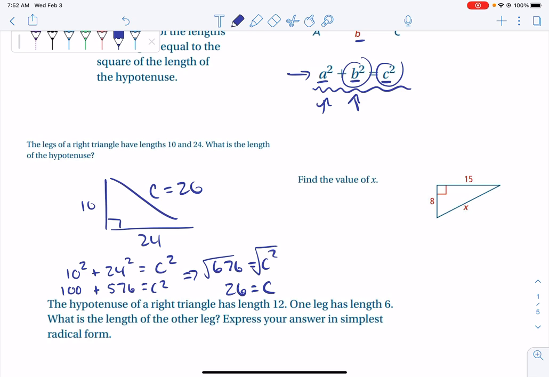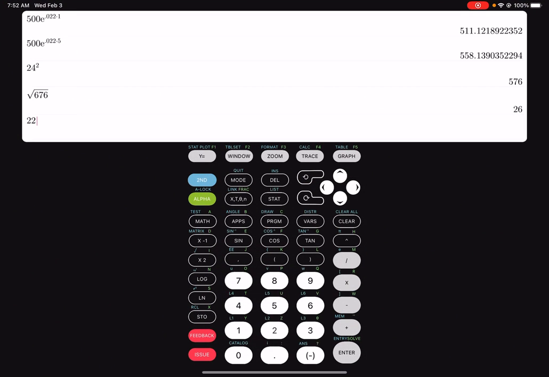Similar idea. It gives me a right triangle. It gives me sides of 8 and 15, and it wants me to find x. Well, x is my C value, it's my hypotenuse. So 8 squared plus 15 squared equals C squared. So 64 plus 225, I think. 15 squared.